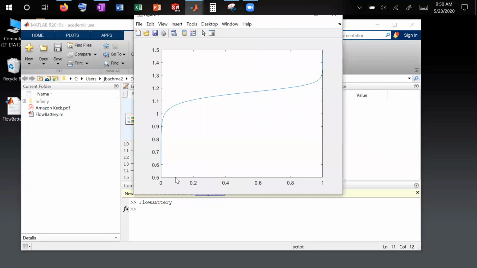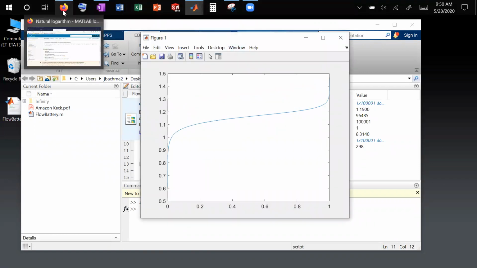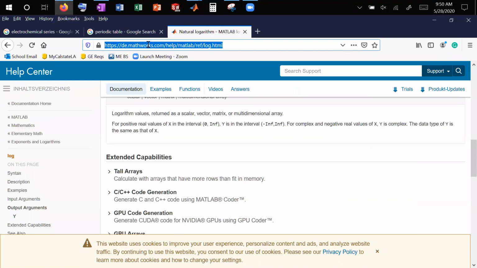You can see you have this relatively sloping behavior, and then it comes up here at 1. If you look at any discharge curve for a battery, this is mostly the reason why you get this discharge curve.